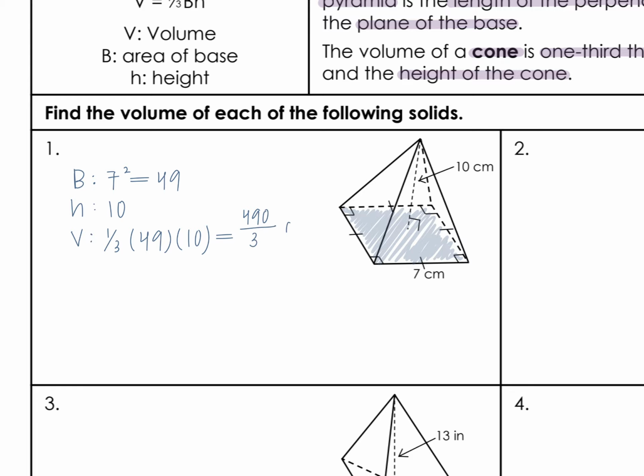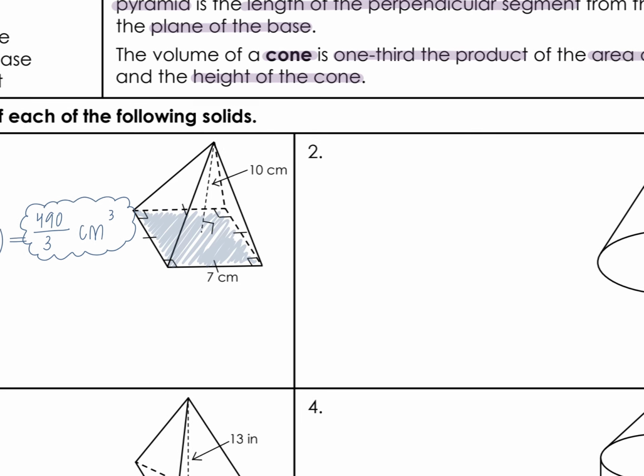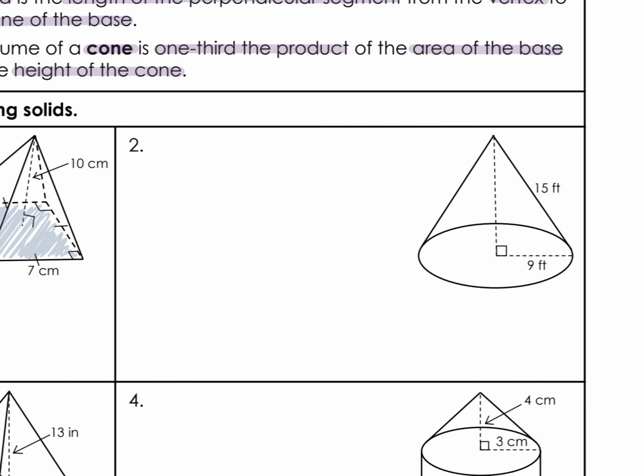And then we'll have our units cubed, so centimeters cubed. Remember, we want exact answers only, and preferably leave them as the fraction, because sometimes you can't change your fraction into a decimal without having to round it. All right, let's look at number 2.